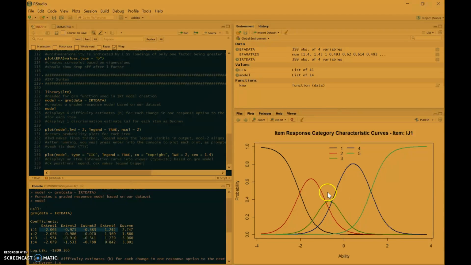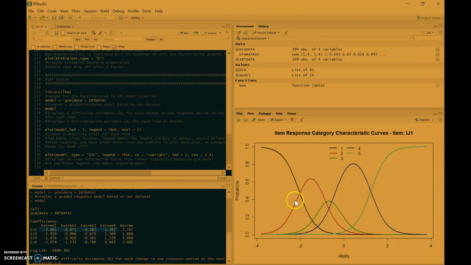These middling options, 2, 3, and 4, look similar in normal curves, which is not what we expect out of a dichotomous IRT model. We'd expect something more like the 5 option. But that's because we're working with these Likert responses. Each difficulty parameter we're given is the intersection between these curves.